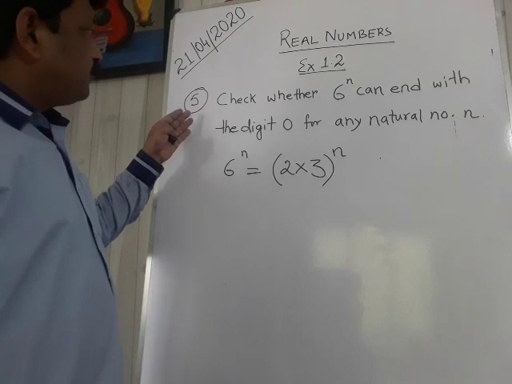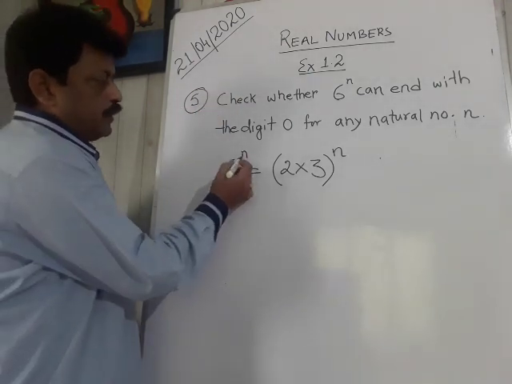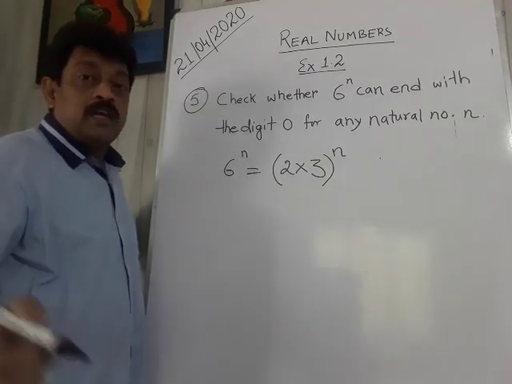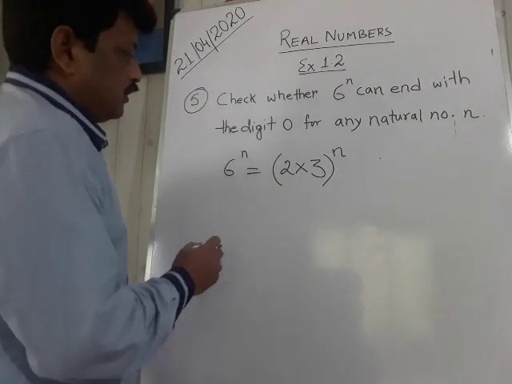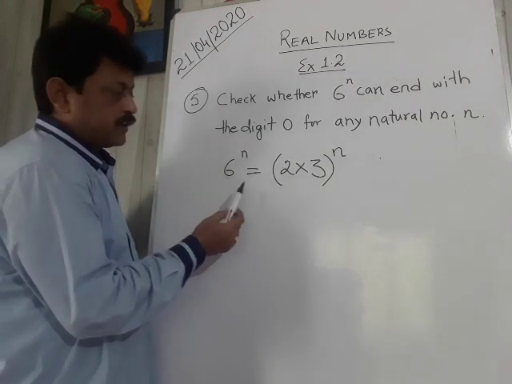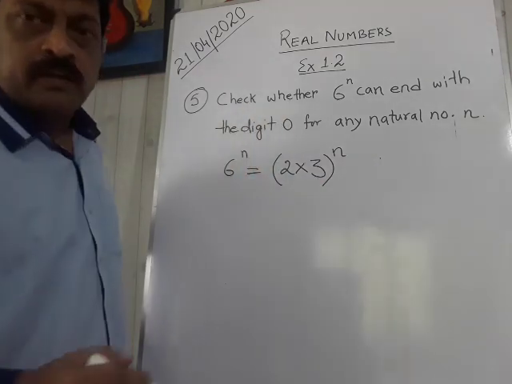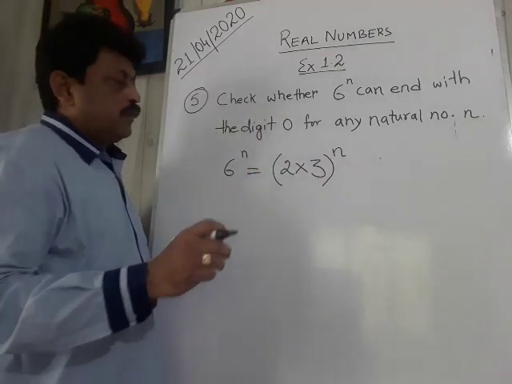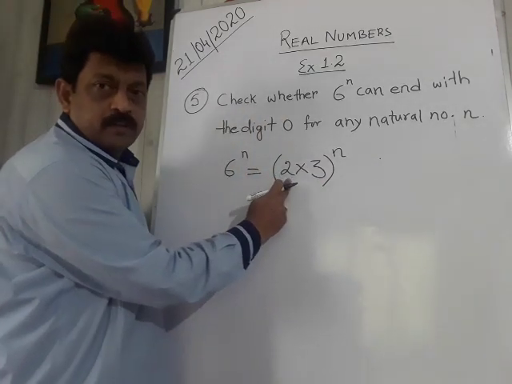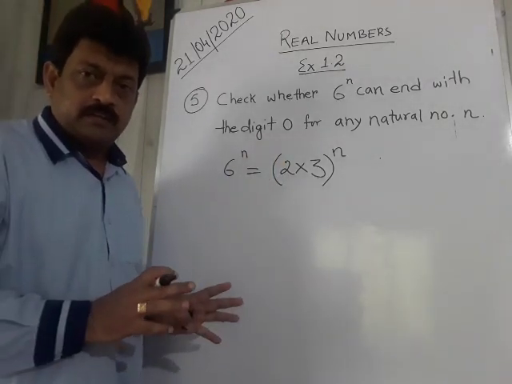This is question 5 from NCERT exercise 1.2. So we have to check whether 6 to the power n will end with the digit 0 or not. Now see, if we resolve 6 into prime factors, we will get 2 into 3, and the power n is already there. Here though 2 is present, 5 is not present as a prime factor.